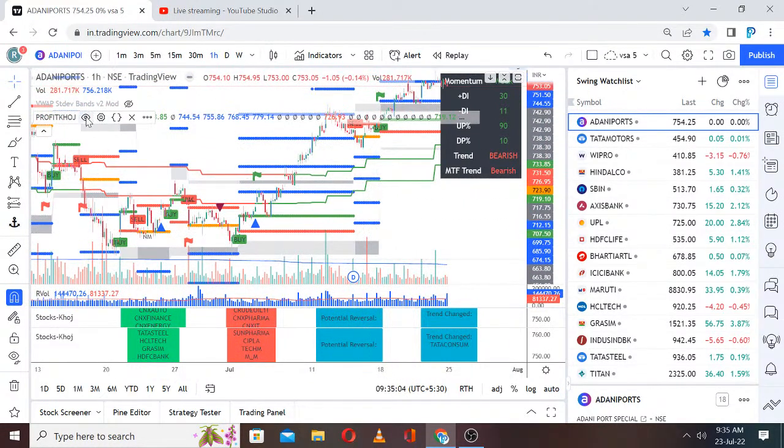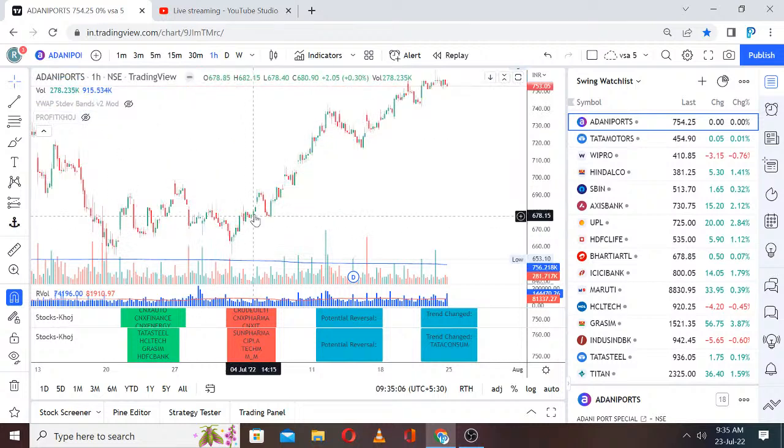So now I am hiding the Profitkhoj indicator. We know that there was an arrow here, right? So what we are going to do is use the Fibonacci tool to mark out areas where we are waiting for the stock to retrace back, and then we will enter. You should mark Fibonacci on the swing.